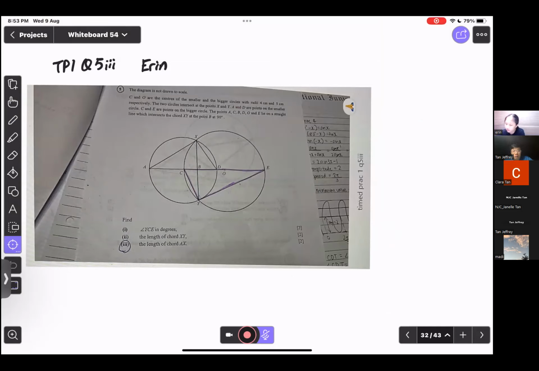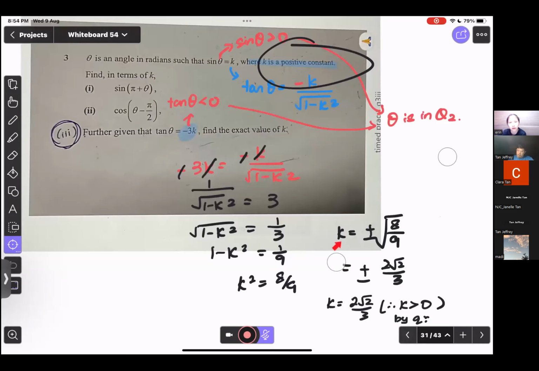So actually, how do you square root 8 over 9? How do I square root 8 over 9? For example, k squared is 8 over 9, so I just square root the entire thing.